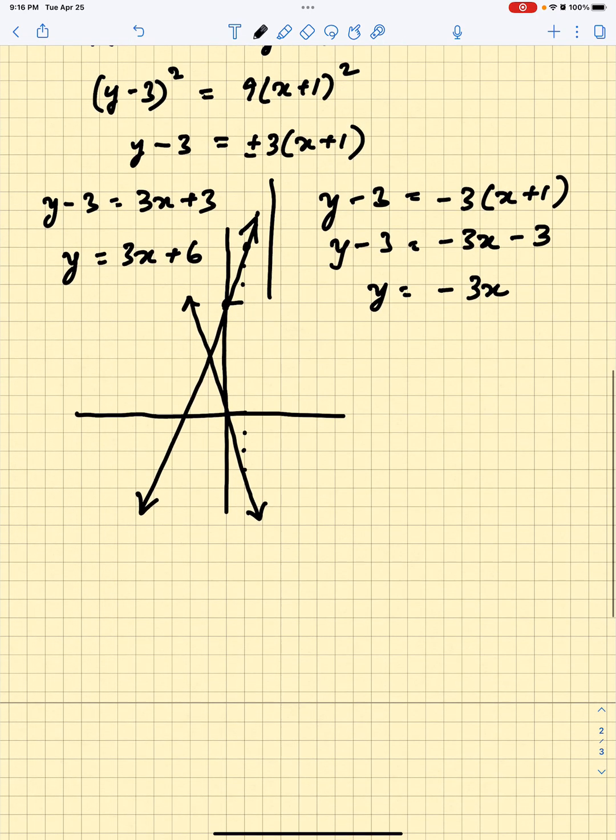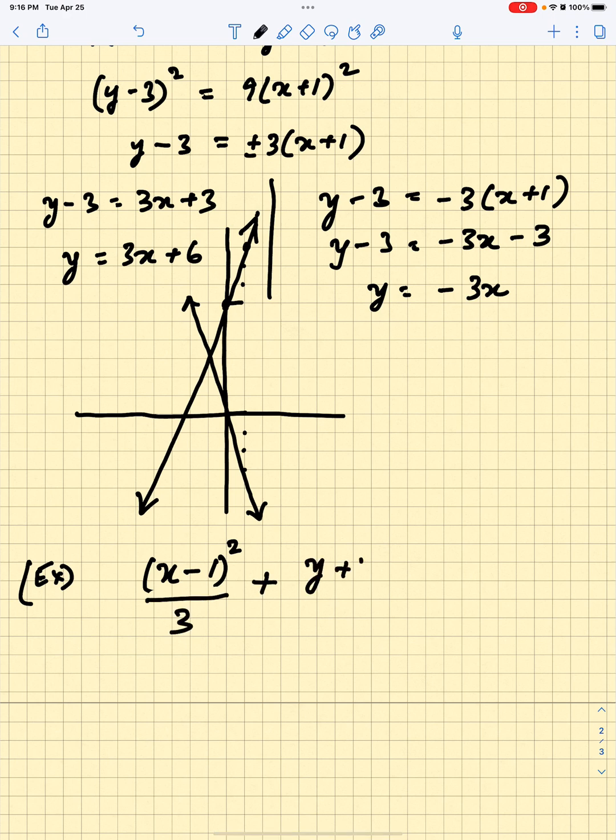Let's look at another one. Let me make one up. Let's say we complete the square on something and we get (x minus 1) squared over 9 plus (y plus 5) squared over 4 equals 0.